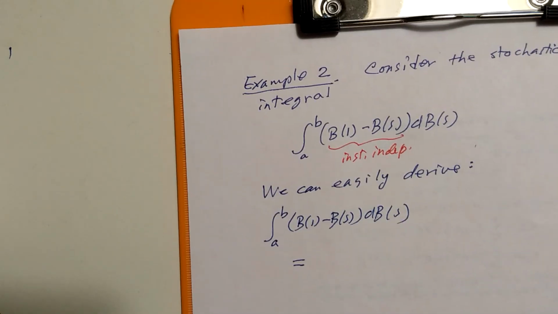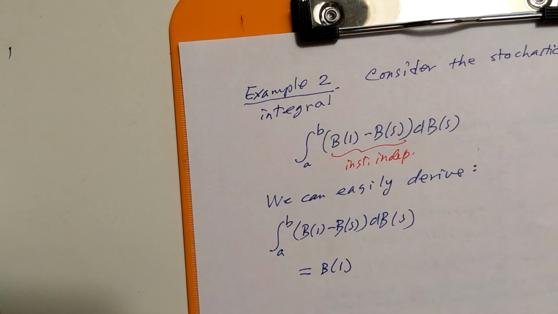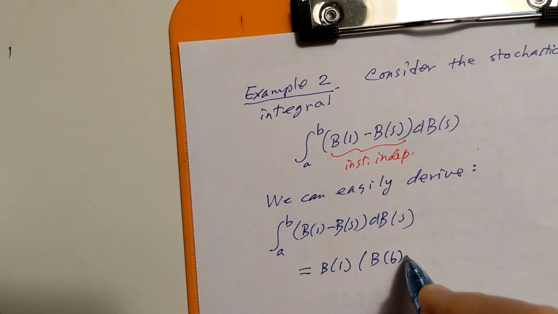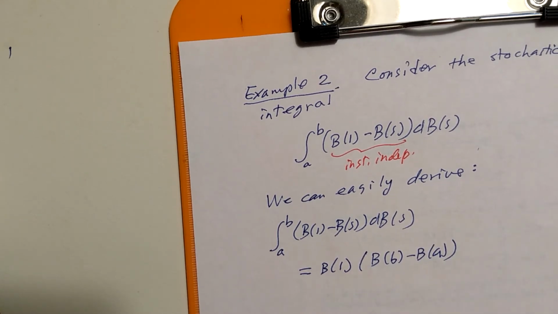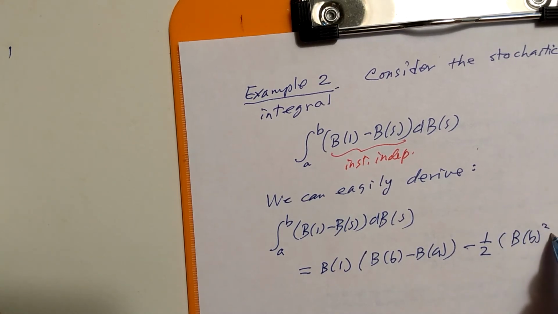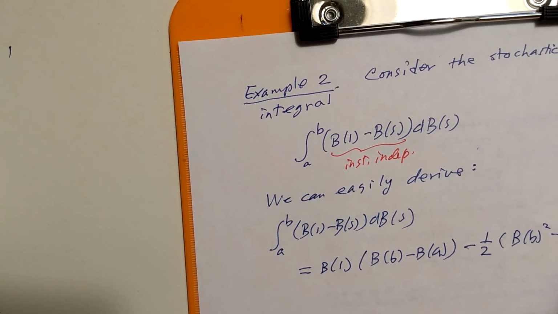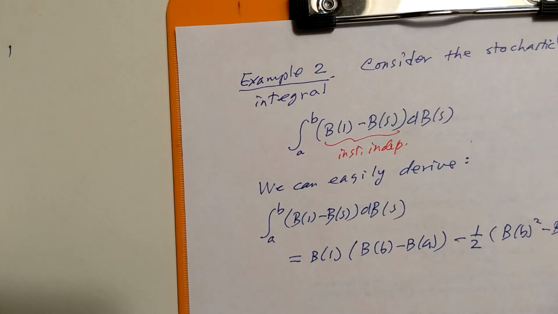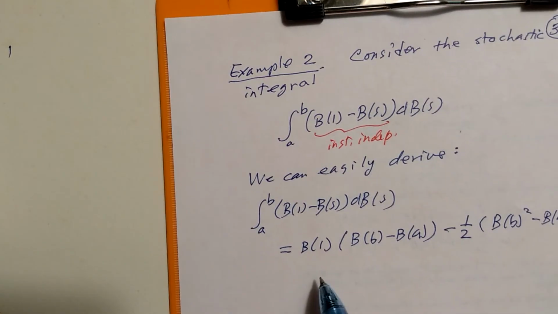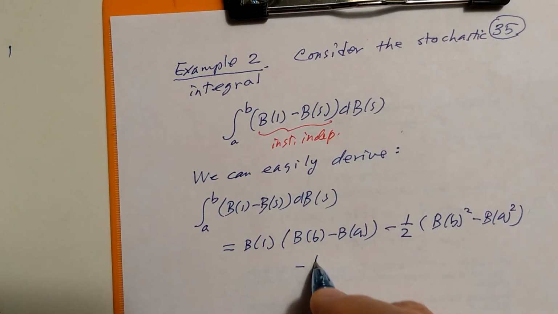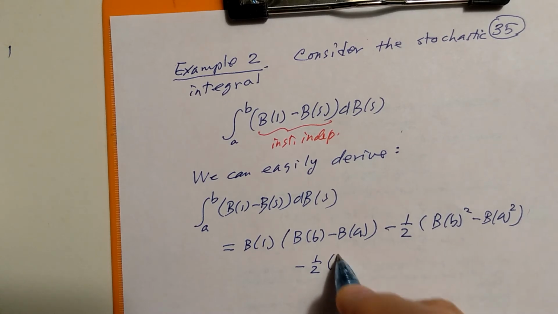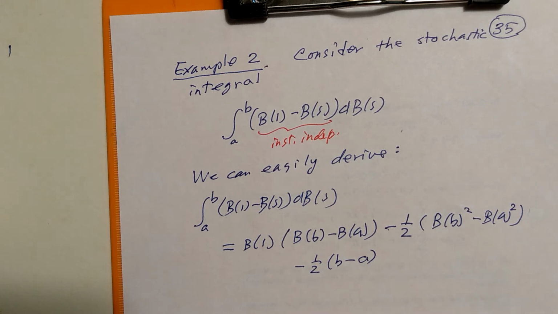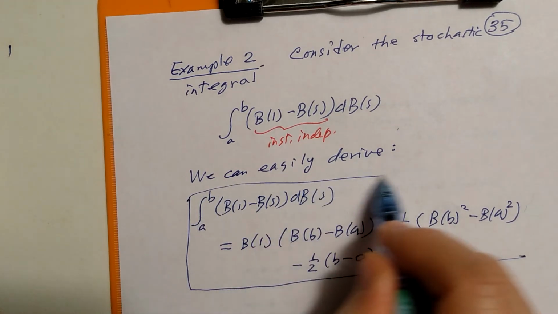That equals B1 times (BB minus BA), minus 1/2 of (BB squared minus BA squared), and then minus 1/2 of (B minus A). So this you can easily derive.